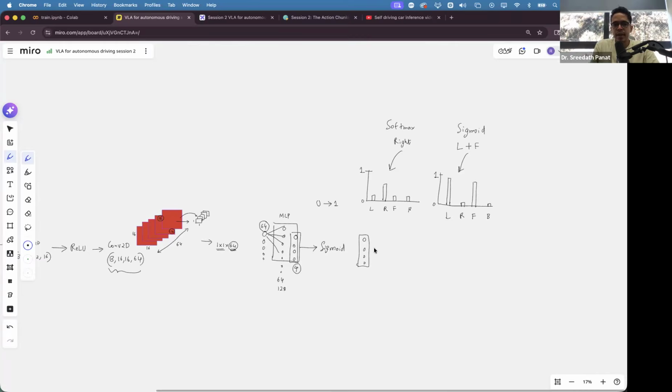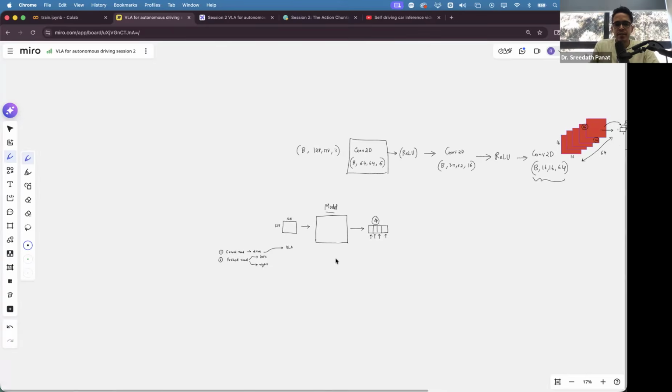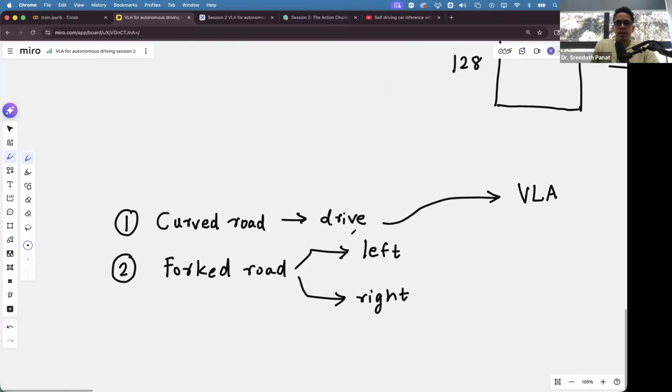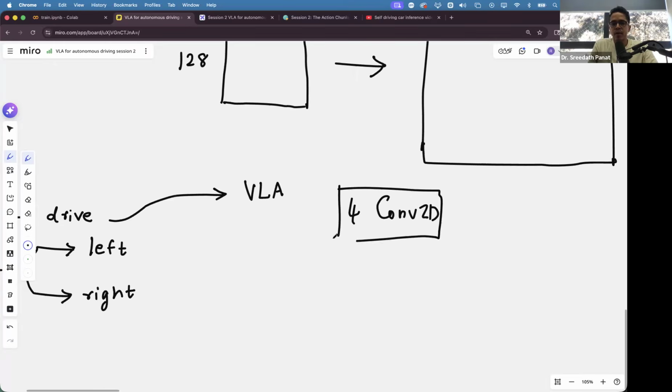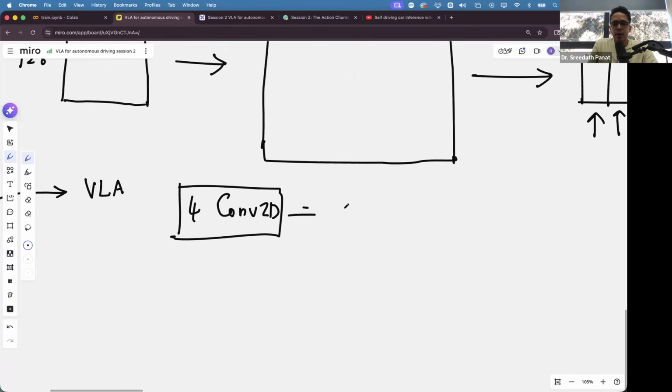So now look at your simple architecture. The simple architecture for this curved road is very simply, you have four convolution layers, 4 or 3 convolution layers, depending on your architecture, right? Followed by max pooling or global average pooling. I can call it GAP.